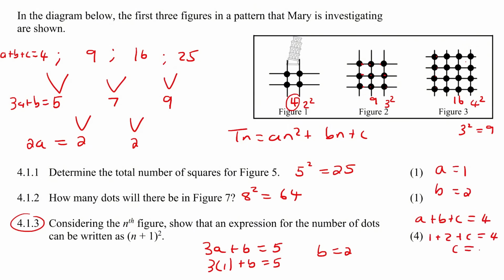And so if we had to solve for c, we would get 1. So we could fill in our formula now, a as 1, b as 2, and then c is 1. If you had to factorize this, you would actually realize that it can factorize as (n plus 1), which is the same as (n plus 1) to the power of 2.